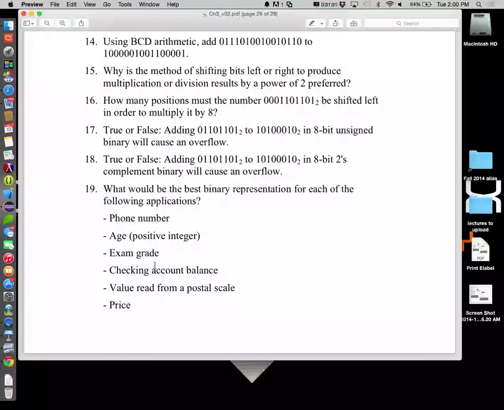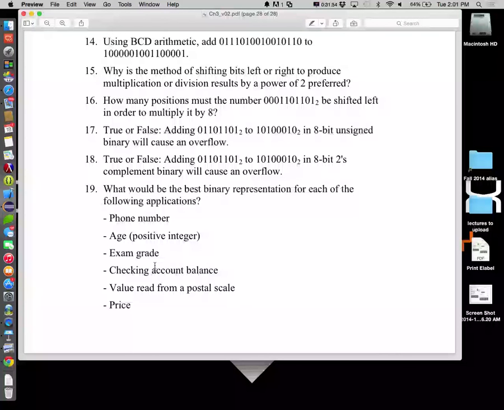Okay, so what would your recommendation be for the binary representation of a phone number? And why? I guess I didn't specifically ask you to say why, but we'll talk about the why. Go ahead. Probably a 10-bit number?